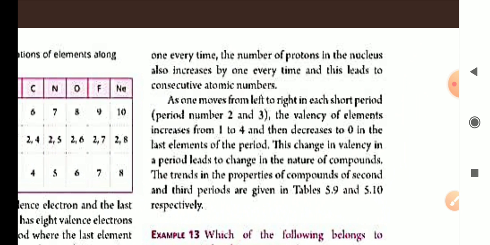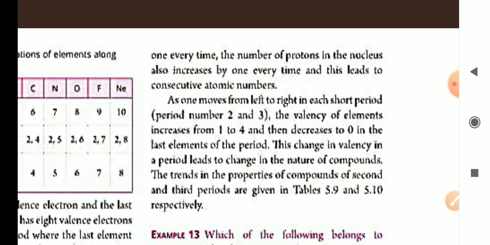When we move along the period from left to right, the proton number also increases. That's why the atomic radius decreases from left to right of a period, because there will be more attraction between protons and electrons.